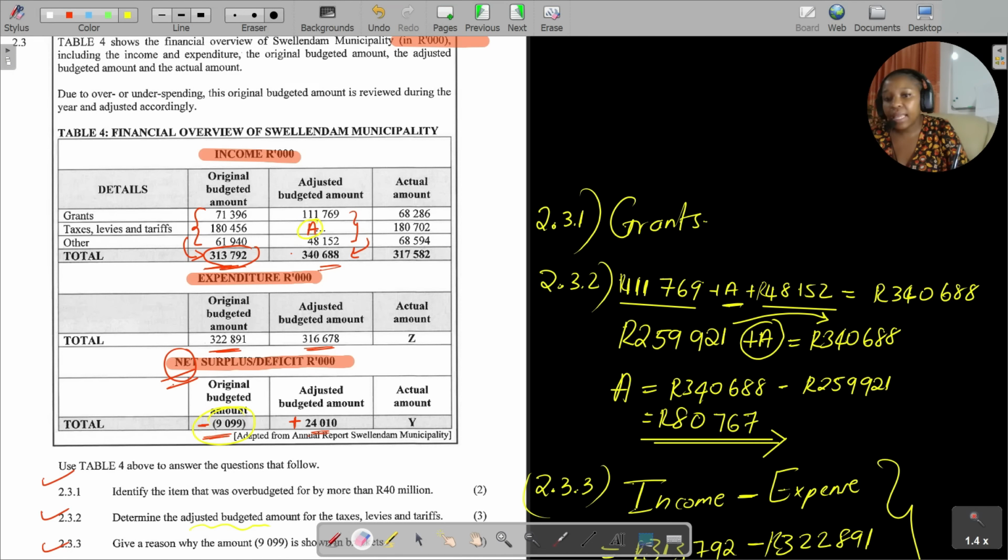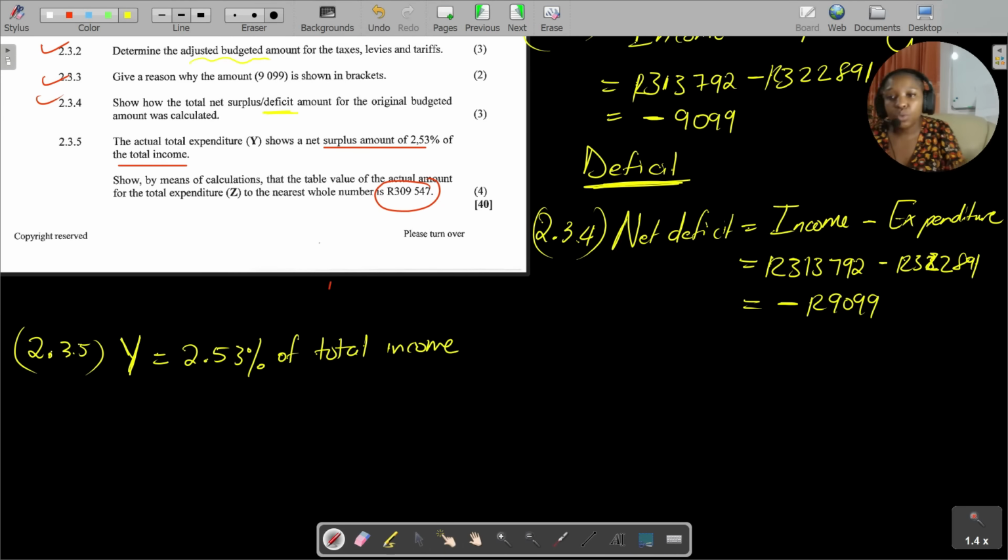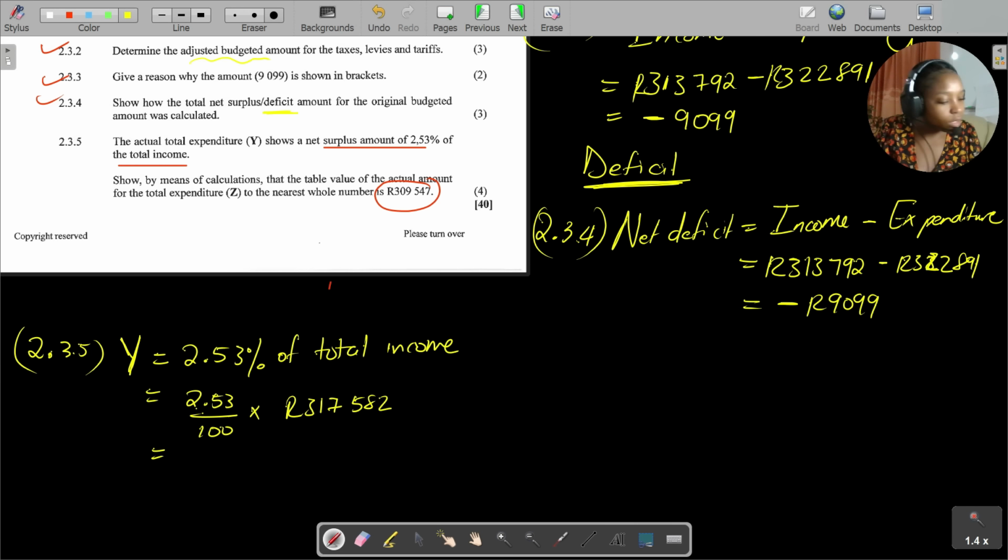You'll see that the total income is actually 317,582. So you just take 2.53 over 100 multiplied by 317,582. What do you get? You will get 8034.82, if you round it off to 2 decimal places.